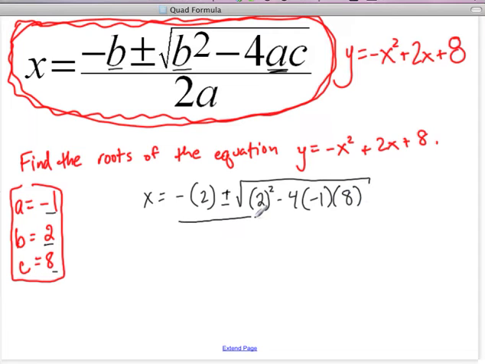And that whole thing goes over 2 times a, 2 times whatever a is, -1. Now I'm going to take a sip of tea, and you're going to get caught up so that you have all of that written down.